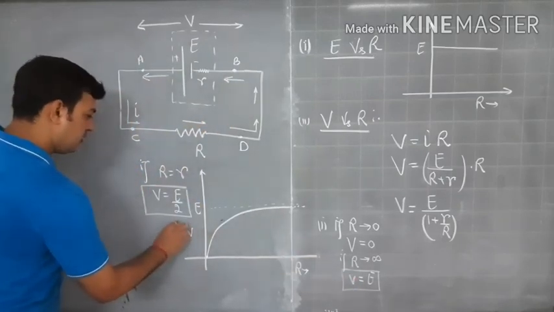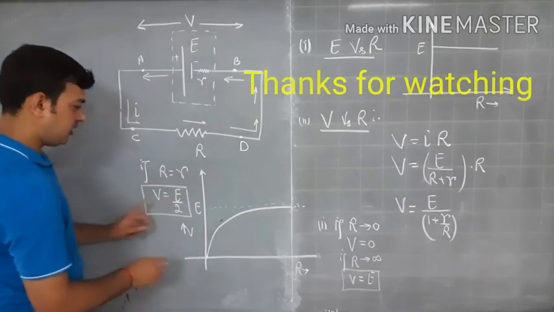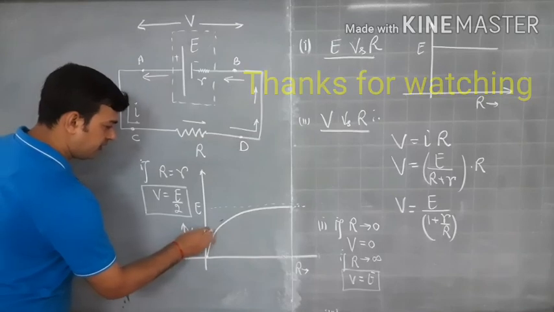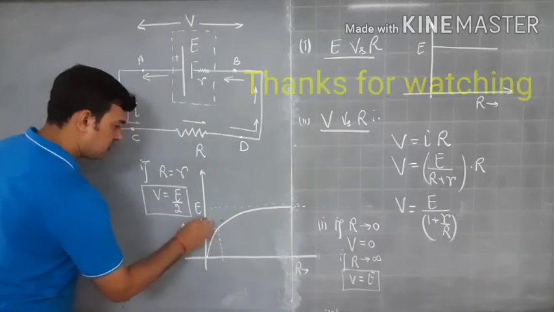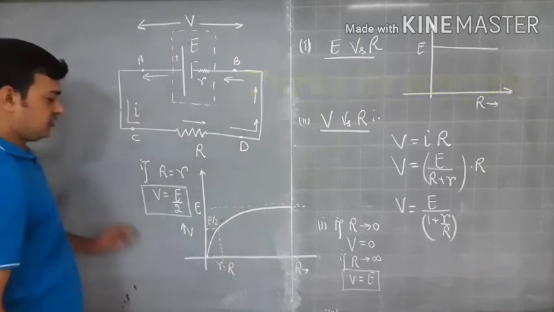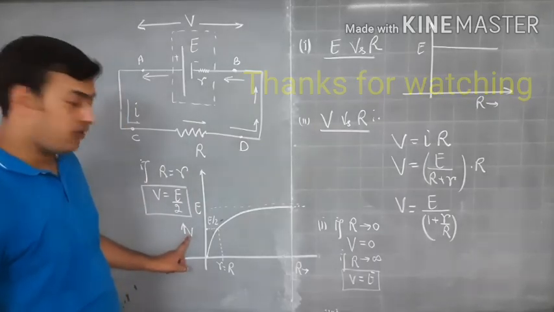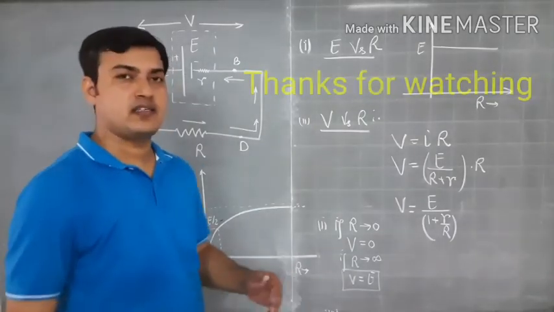This is V, and when small r is equal to capital R, V is E by 2, so it will be something like midway like this. This is your E by 2 when the internal resistance is equal to the external resistance. So this is the variation of V with respect to external resistance R.